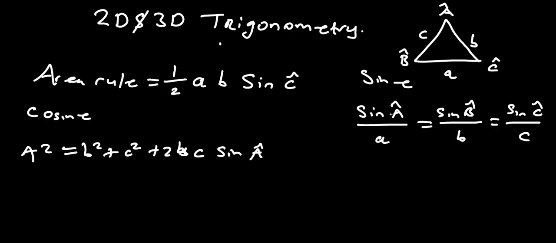Our angle A, which is this one, is opposite to the length A, and then angle B is opposite to length B, and angle C is also opposite to length C.